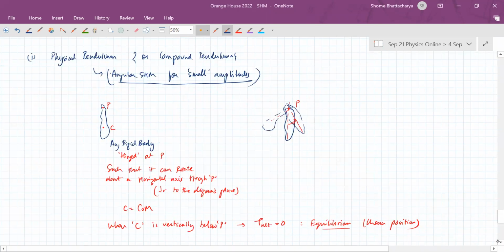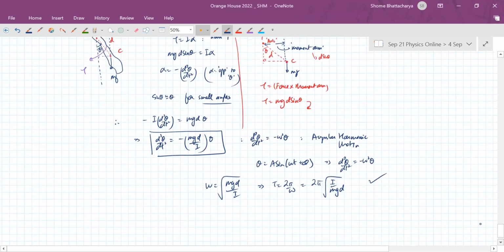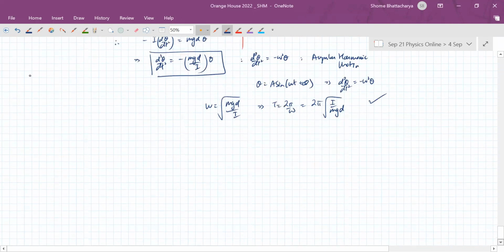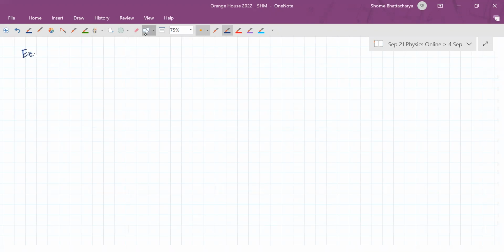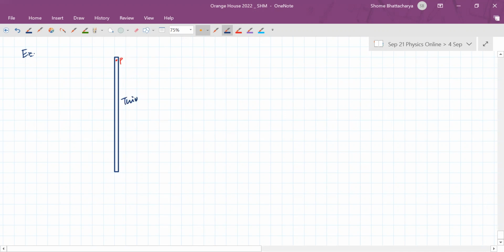Okay, so let's just see a quick application of a couple of formulae here. So for example, if I have a physical pendulum that consists of a thin uniform rod, which is suspended at this end, P. So this is a thin uniform rod of mass m and length L. Now I want to find the time period for angular harmonic motion with small amplitude.